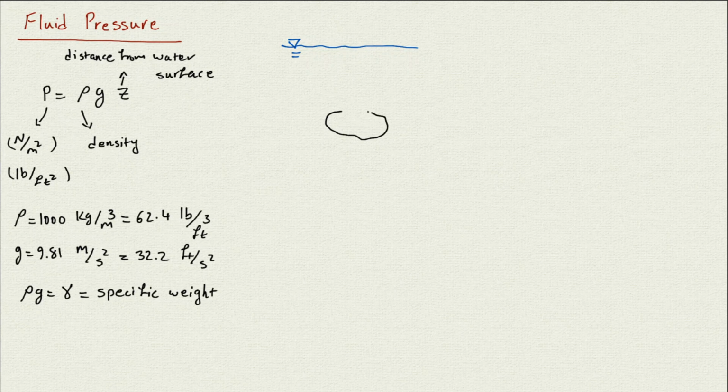The pressure on that body is always going to be normal to the surface. So any surface we have, the pressure is going to be normal to that surface anywhere. Any point we choose is going to be normal to that surface. It's always like that.